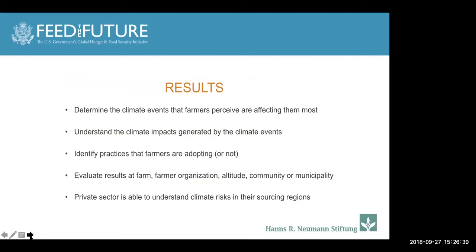It can even help to understand the vulnerability of a municipality in a certain region. So finally, how we see it is that these results can help the private sector to understand the climate risks in their sourcing regions and how they can help farmers to adapt to climate change.